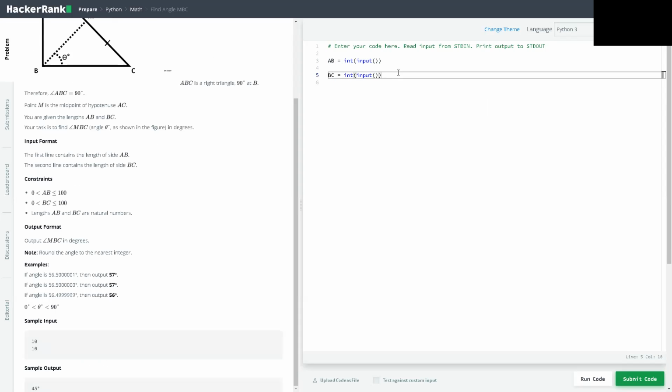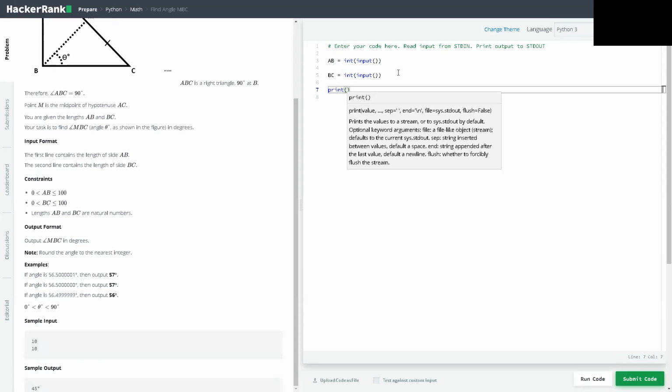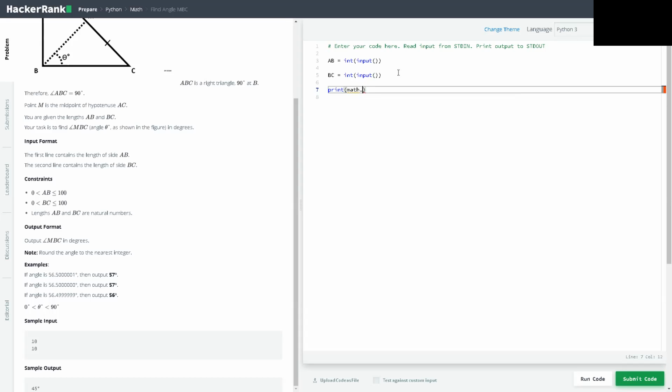So after collecting the input, we can calculate the degrees, right? Let's try to calculate that by using this print, Math.atan, and we can find AB over BC.